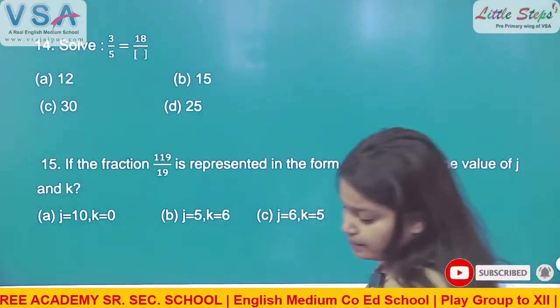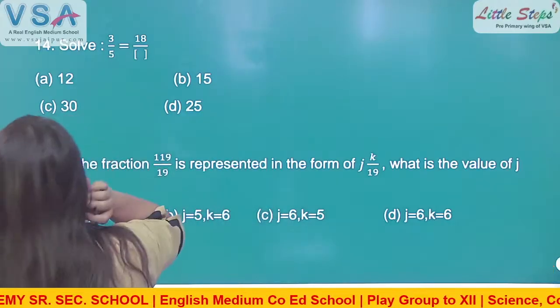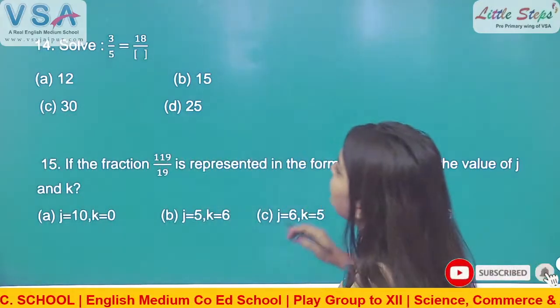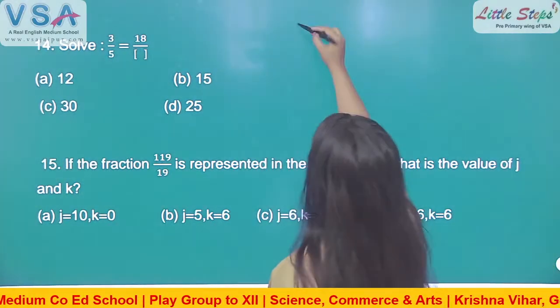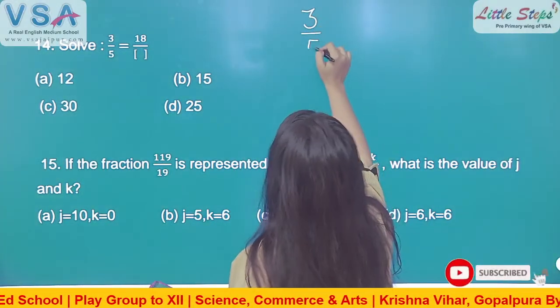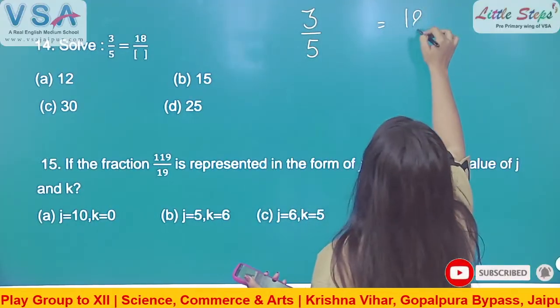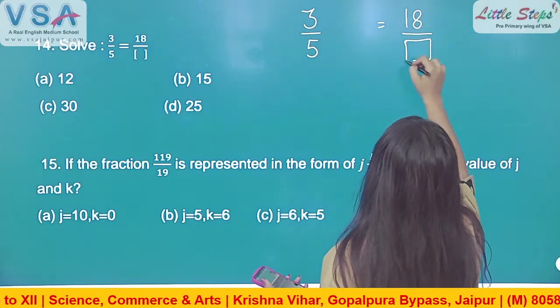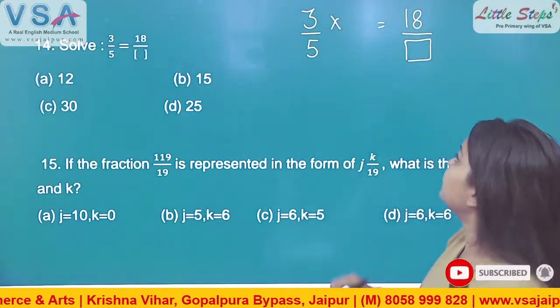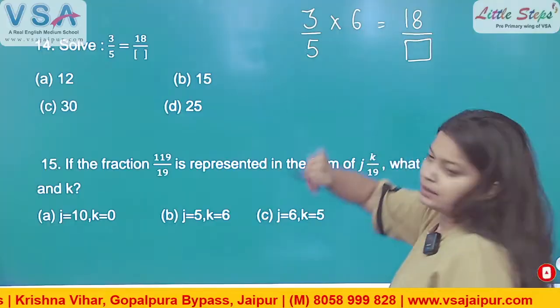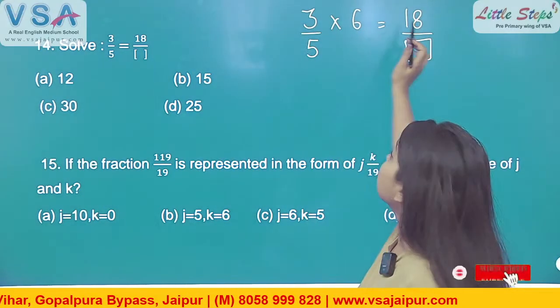Moving on to the next MCQ. Solve 3 by 5 equals 18 upon blank box. What do we have to do? We have to solve the fraction simply by making it equivalent. As you all know, 3 will become 18 by the table of 6. 3 sixes are 18.